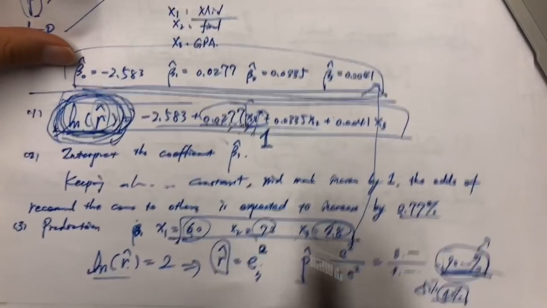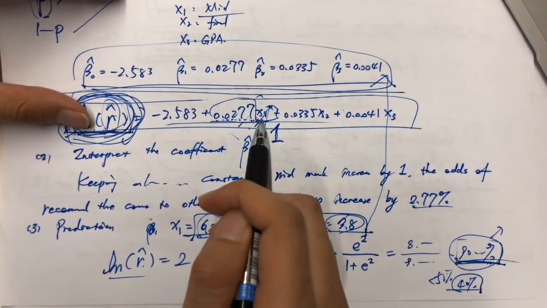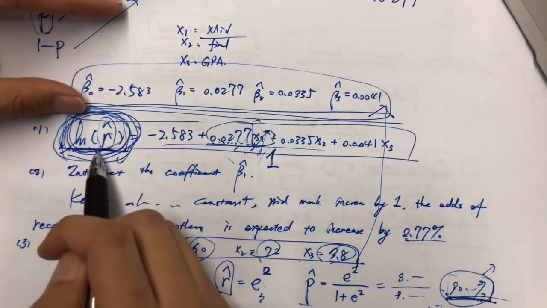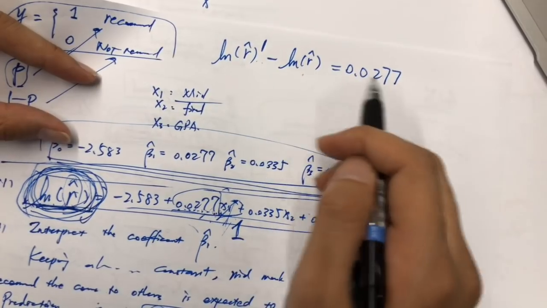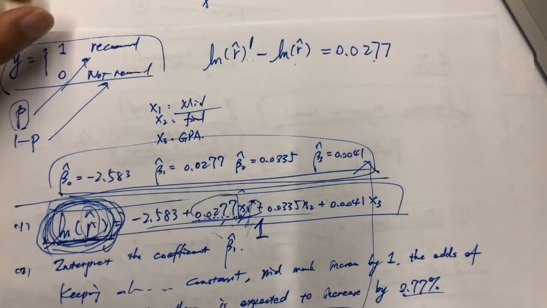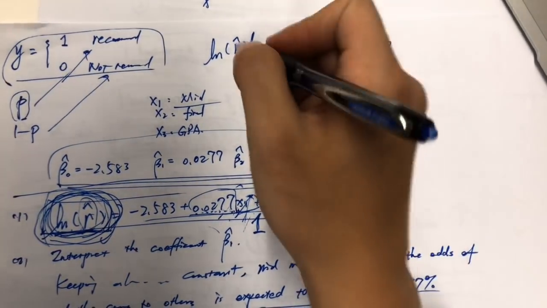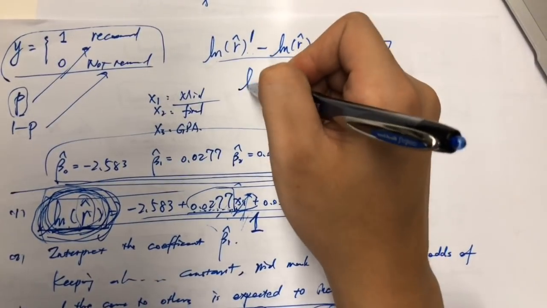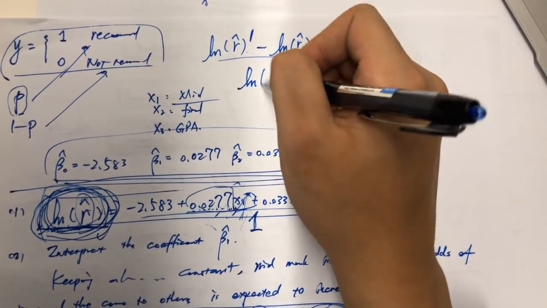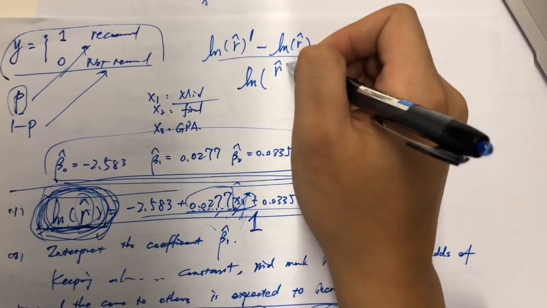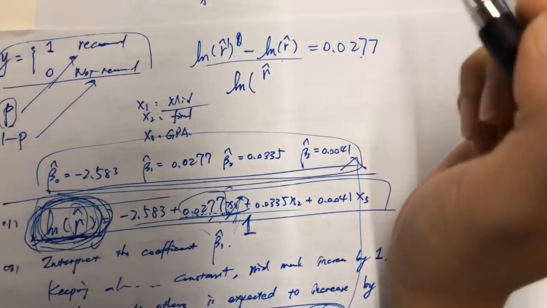So when x increases by 1, the log of r hat will increase by 0.0277. Is that right? So we know that this means the log of r hat, well, this is r hat dash over here.